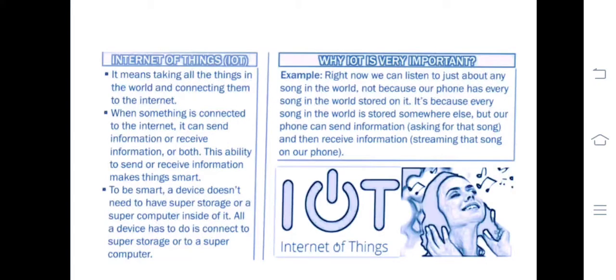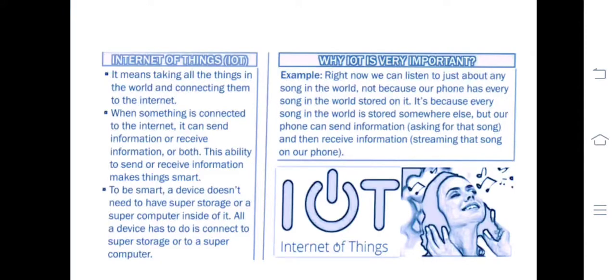The best example of why IoT is very, very important: right now we can listen to just about any song in the world, correct? Not because our phone has every song in the world stored on it. It's because every song in the world is stored somewhere else, maybe in a computer, maybe in an app. But our phone can send information. What kind of information? Asking for that song, please give me that song.